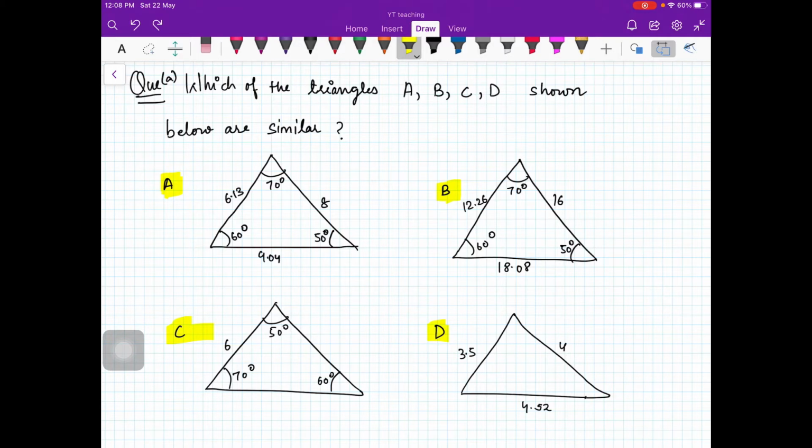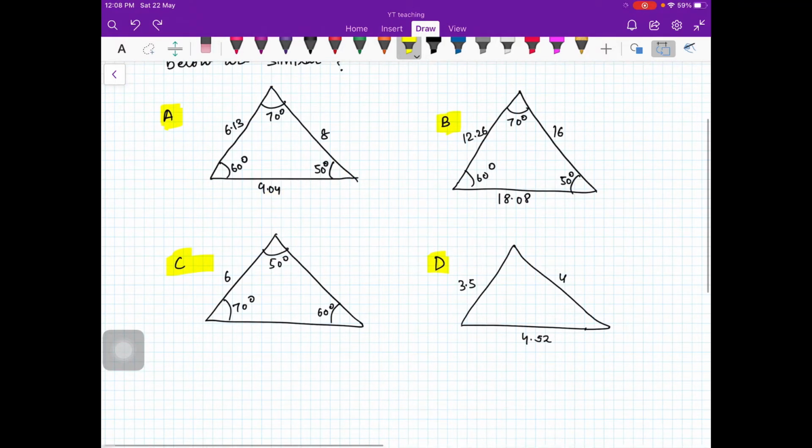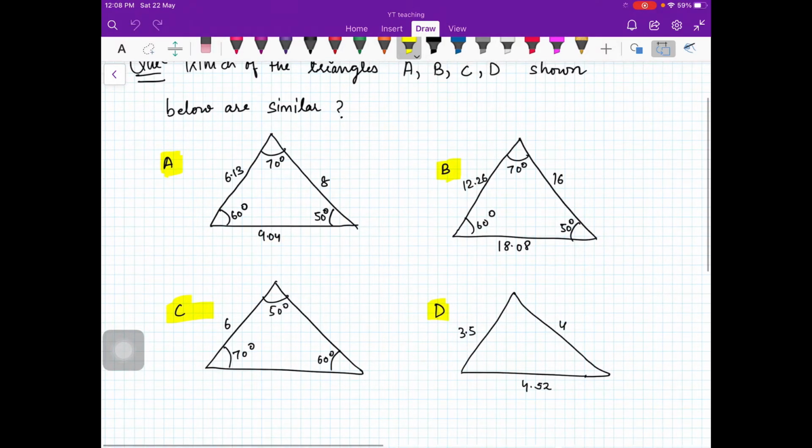Let us look at triangle A and triangle B. Can you tell me what you can see here about them? Clearly all the angles are equal. You have 70 degrees, 60 degrees, 50 degrees here, and here also 70 degrees, 60 degrees, 50 degrees.